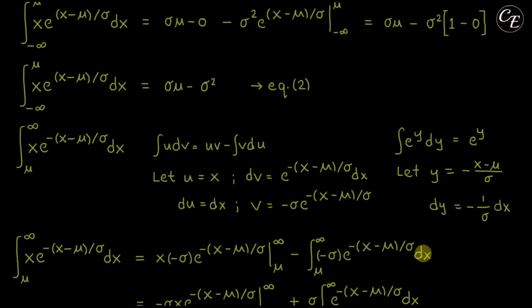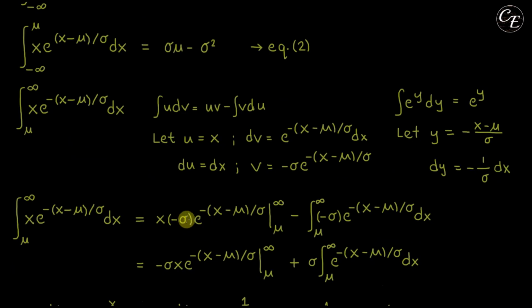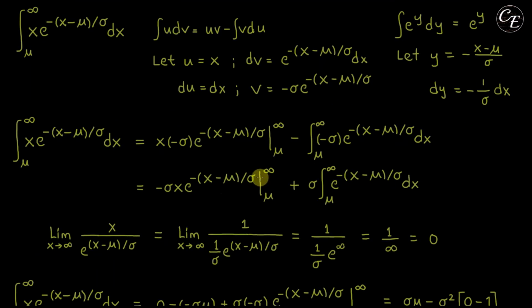Then simplifying it, we can move this negative sigma to the left side, which is this one. And then minus of negative is plus. We can move the sigma to the left side, we have here sigma. Then, if we substitute this positive infinity for x in here, we have positive infinity minus constant is still positive infinity, and positive infinity divided by constant, which is greater than 0, still positive infinity.